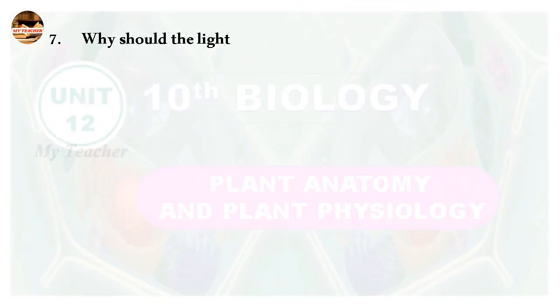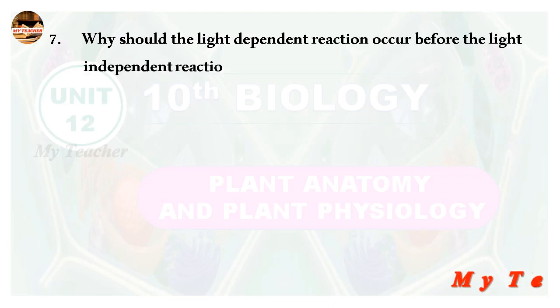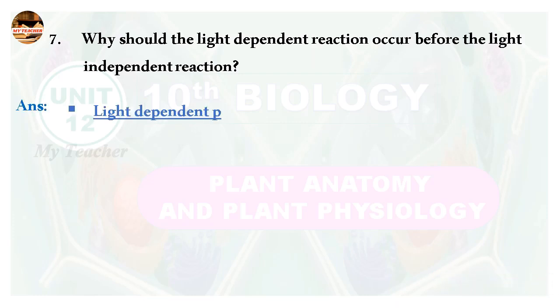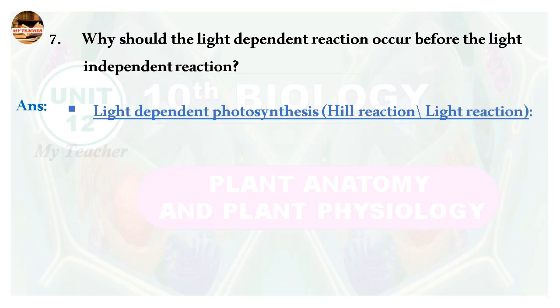Seventh question, why should the light dependent reaction occur before the light independent reaction? First of all, let us see what is light dependent photosynthesis or Hill reaction or light reaction. This was discovered by Robin Hill in 1939.